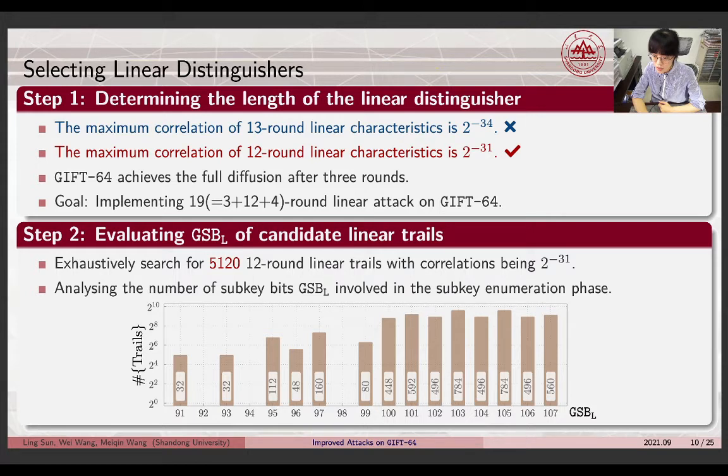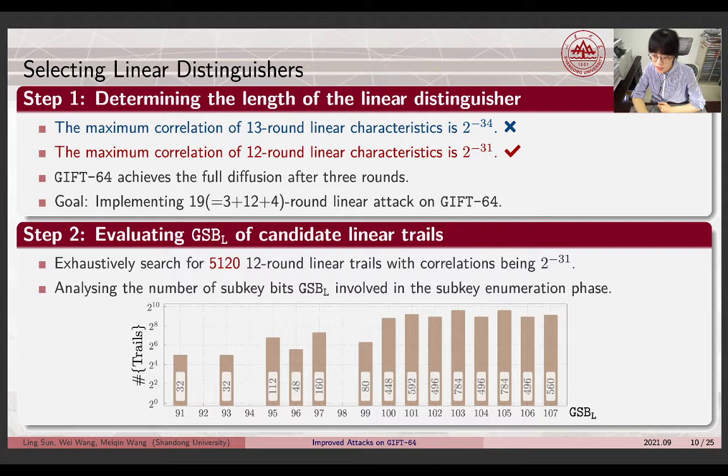5,120 trios in total. Then the next step is to evaluate the number of sub-key bits GSBL of all candidate linear trios. This figure demonstrates the distribution for the number of linear trios with distinct values of GSBL.